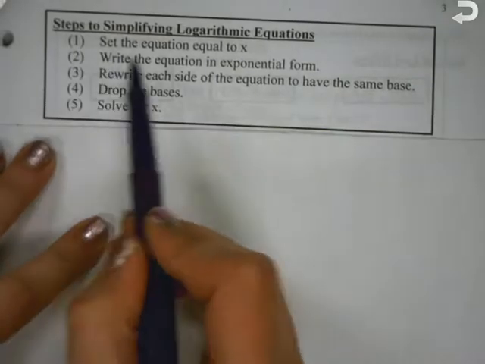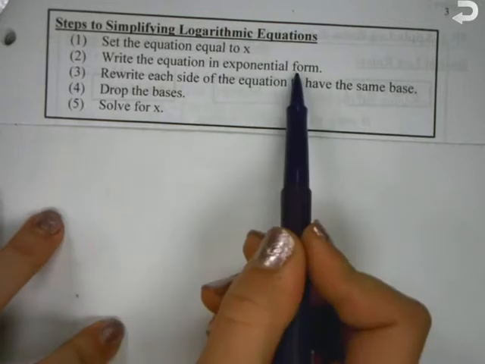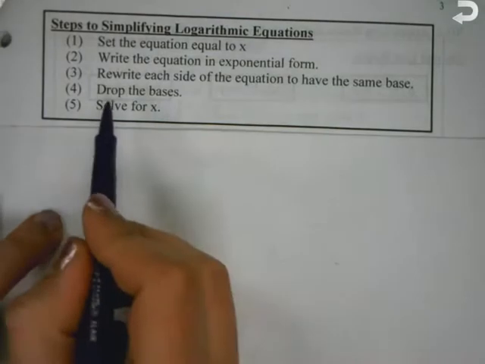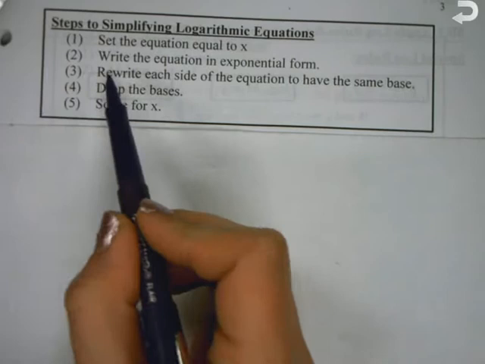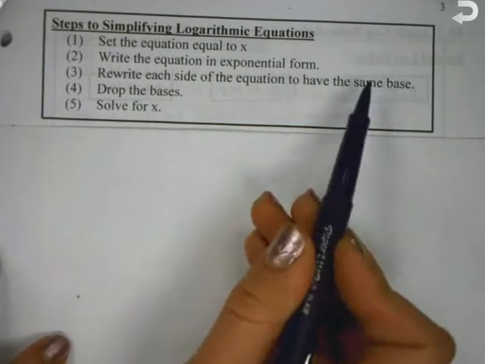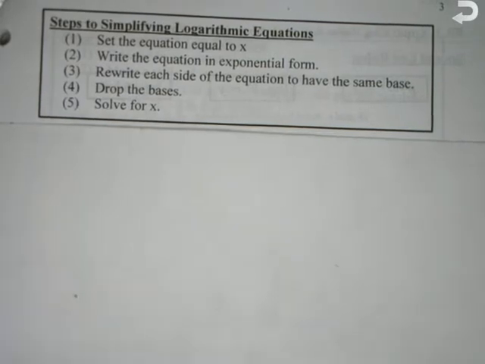So if it just gives you log base 2 of 10, not equal to anything, we set it equal to x. We write the equation in exponential form, so we go around and write it as an exponent, which is going to give us kind of what we were looking at in the last unit. We need to rewrite each side so it has the same base. Then we can drop the bases and solve for x. So everything that we did in 8A is now coming back in 8B.